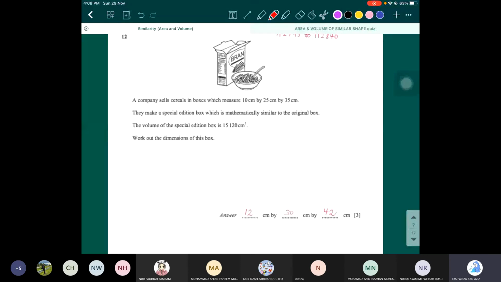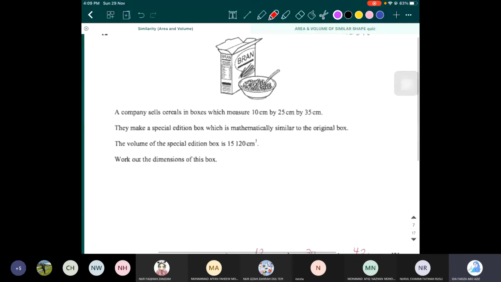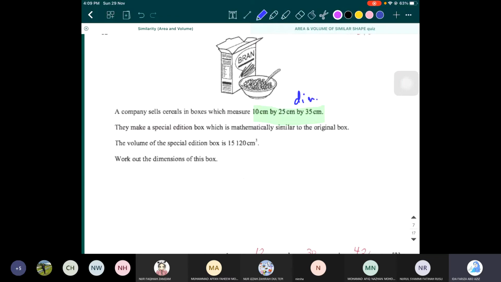This time you have a cereal box. A company sells cereal boxes which measure 10 cm by 25 cm by 35 cm. Okay, class, 10 by 25 by 35 ni kita panggil dimensions of the box. They make a special edition box which is mathematically similar to the original box.